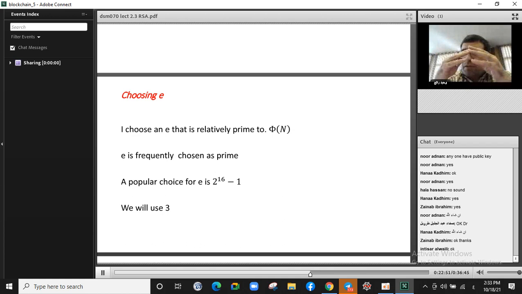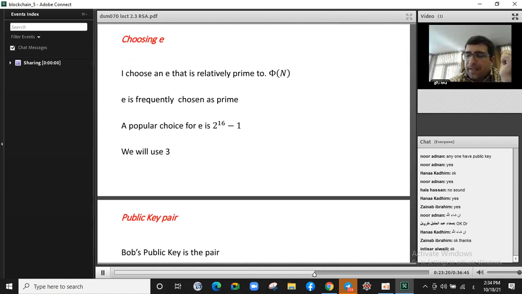There are many numbers that you can choose in this state. For simplicity, I choose 3, a number which is less than N and is coprime of totient of N. Okay, so P is 3, Q is 11, N is 33, totient of N is 20, and now we choose E as 3.